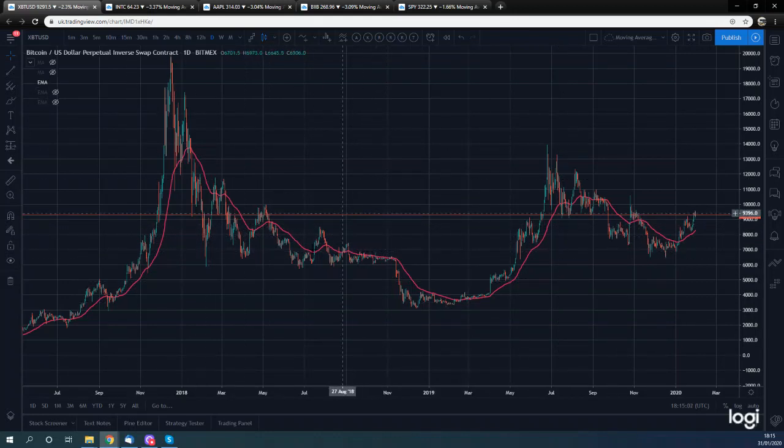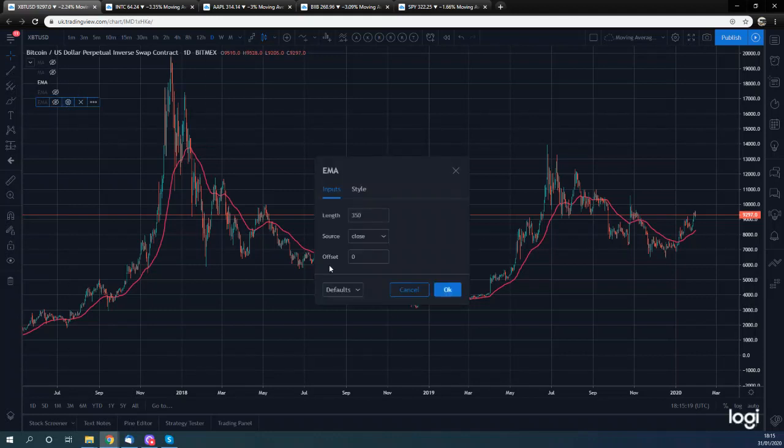You can actually overlay it on this one, and you just have to do a bit of simple maths. If this is a daily chart, 50 weeks will be 50 times 7 days, so that will be 350 days. So you change the moving average, the exponential moving average, on a daily chart to a 350 period.